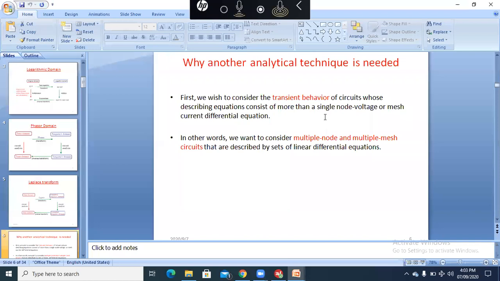Also for single nodes, we can apply this method. In other words, for multi-node and multi-mesh circuits that are described by sets of linear differential equations, we use this analysis technique.